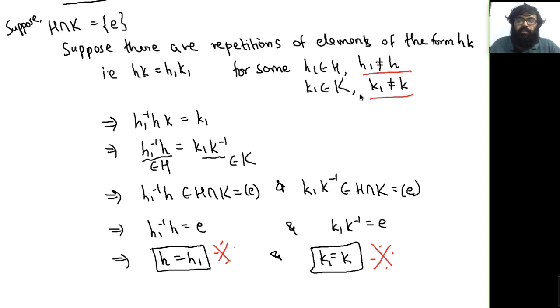That means if I assume this, then no repetitions are allowed. And if repetitions are allowed, then there is a contradiction, so H intersection K cannot be the singleton identity. So you see, repetitions are related with the order here.